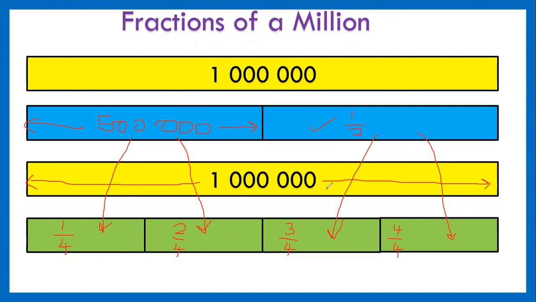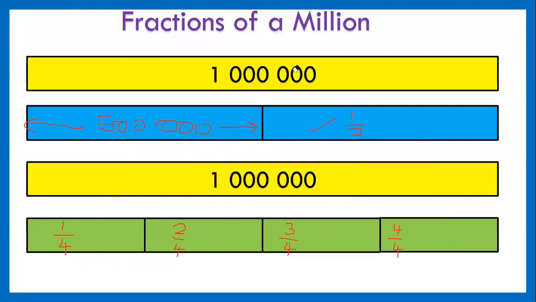In other words, your 1 million is being divided into 4 equal parts. Well, we can do the standard long division. So you could take, for example, 1 million and divide it into 4 equal parts.